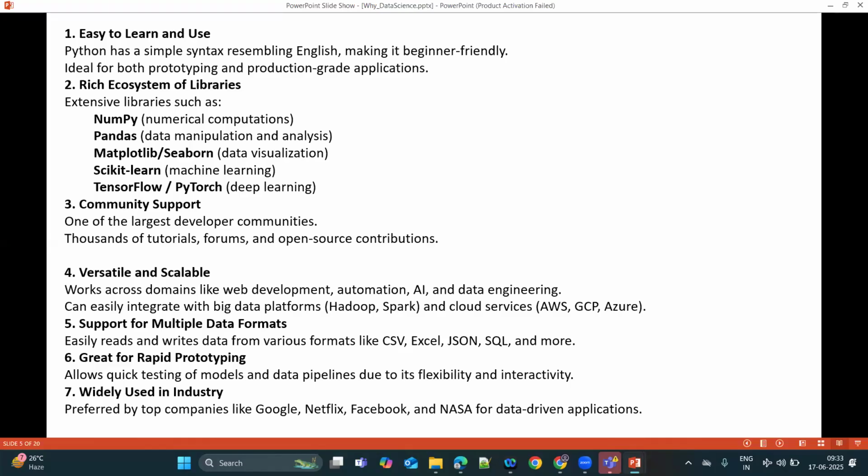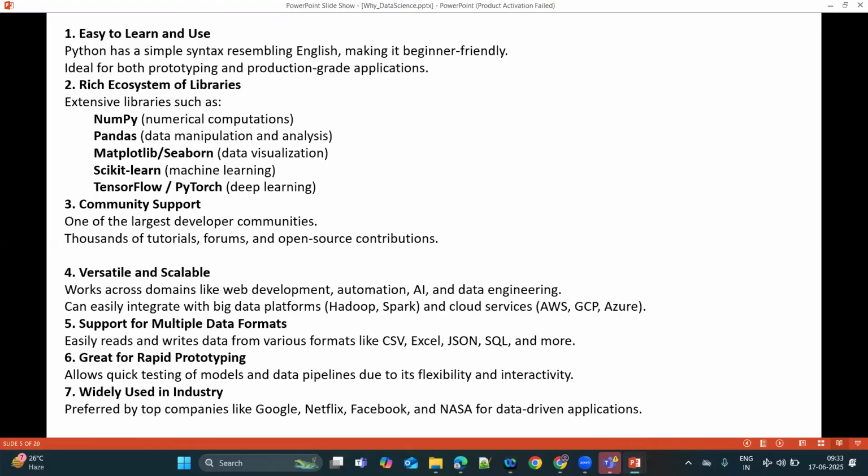And versatile and scalable. We use Python in data engineering, automation, AI, and web development, and we can easily integrate it with data platforms like Hadoop, Spark, and cloud services like AWS, GCP, and Azure.